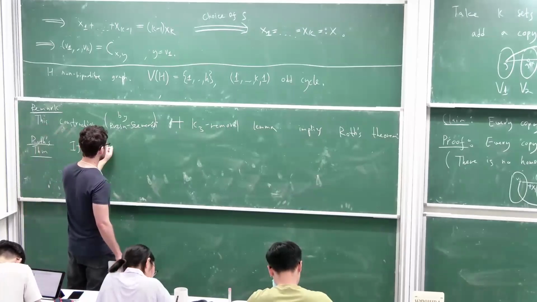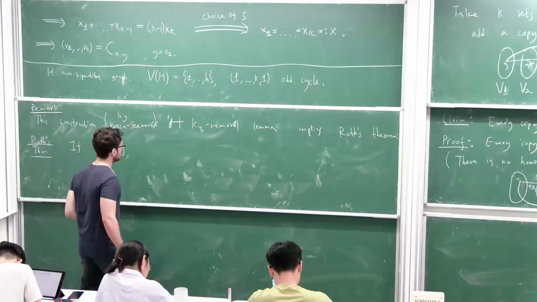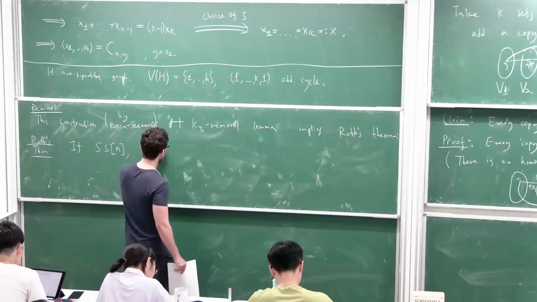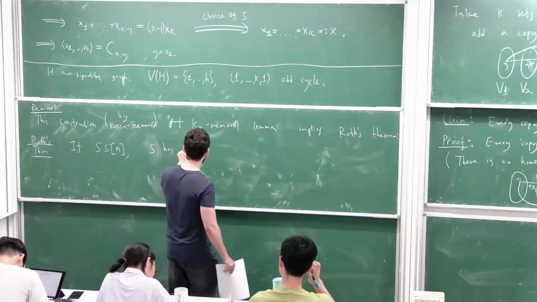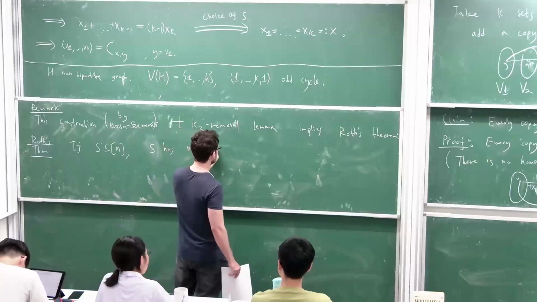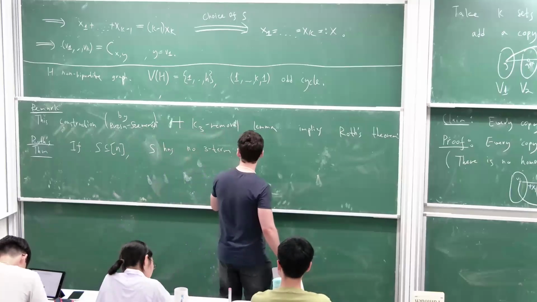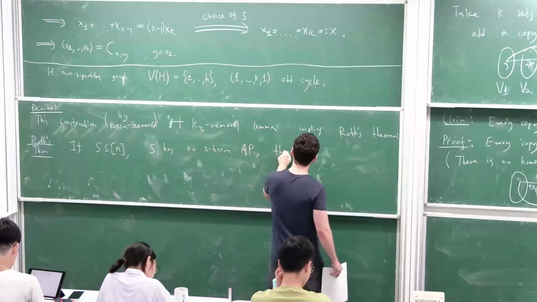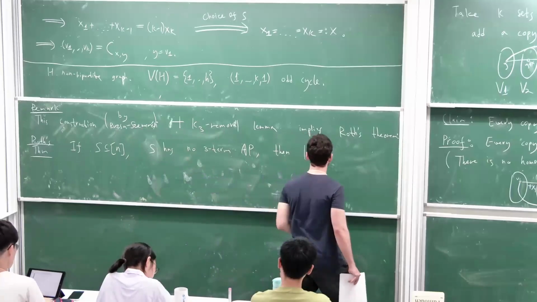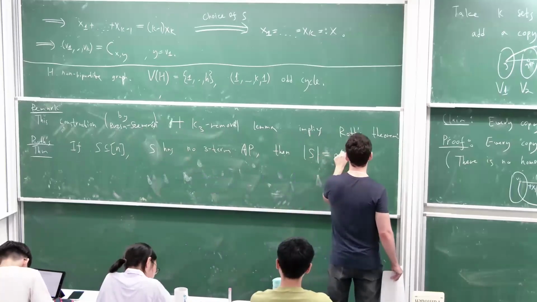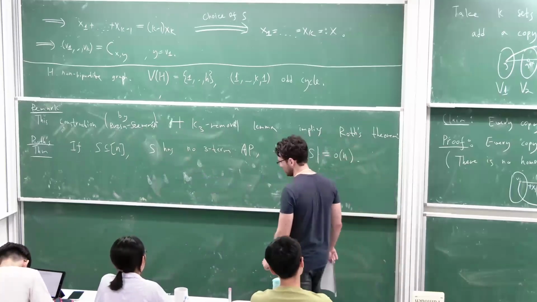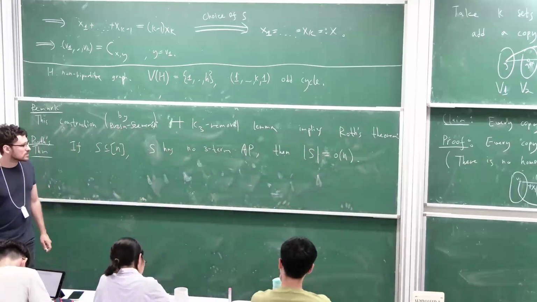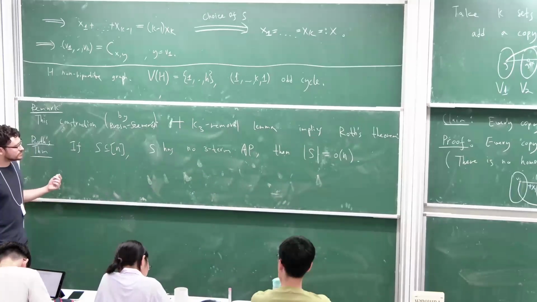Theorem: if S is a subset of 1 up to N, and S has no three-term arithmetic progression, then S is sublinear, so it cannot have size linear in N. So let's see this.